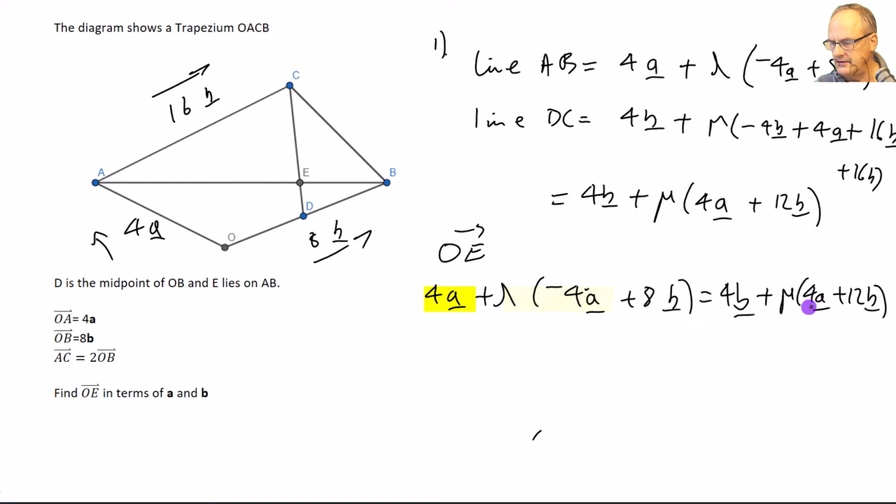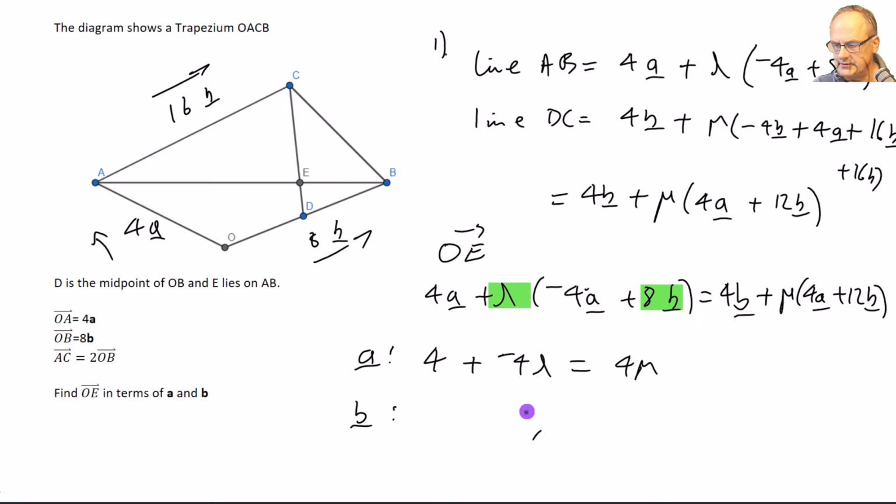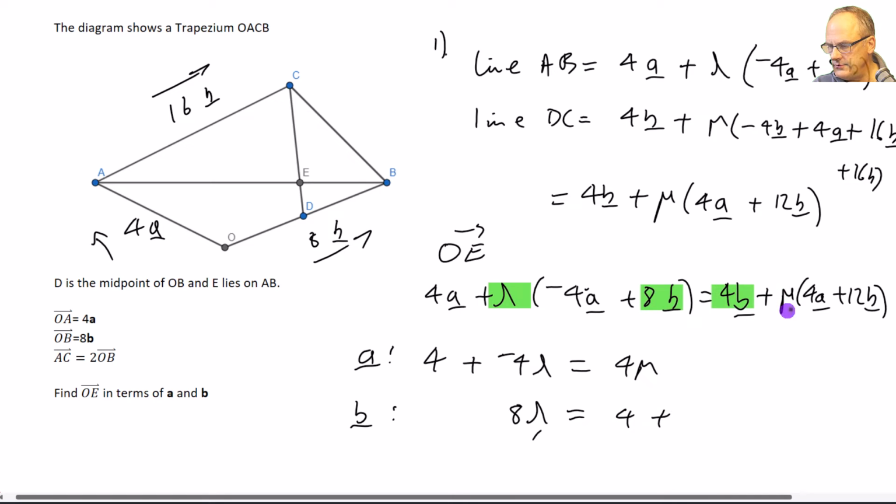The number of lots of A must be the same if we're at OE. So we get 4 plus minus 4 lambda, and that's going to be equal to just the 4 mu there. For the B's, we have lambda times 8 lots of B on this side, so 8 lambda equals 4 plus 12 mu on this side.